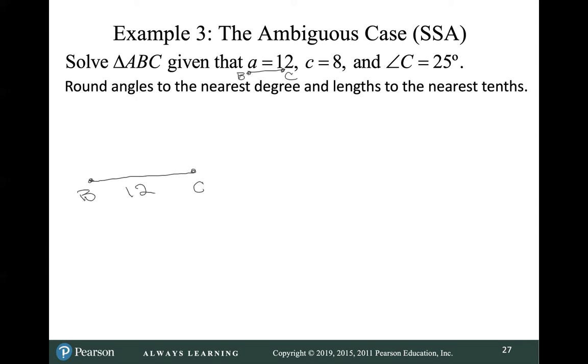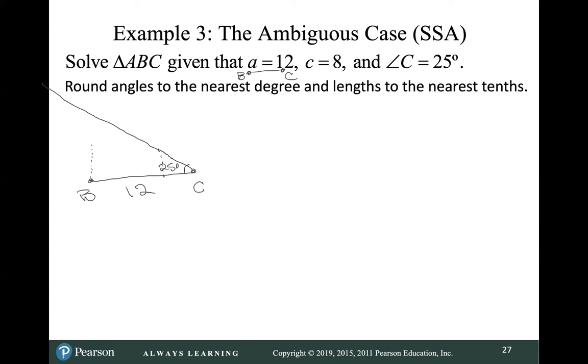Okay. I also know that angle C is 25 degrees. So I can construct an angle here that's 25 degrees. And I know that some point along that angle will be vertex A. I also know that side C is 8 units long. Side C is going to go right here attached to B, and this is going to be 8 units long.